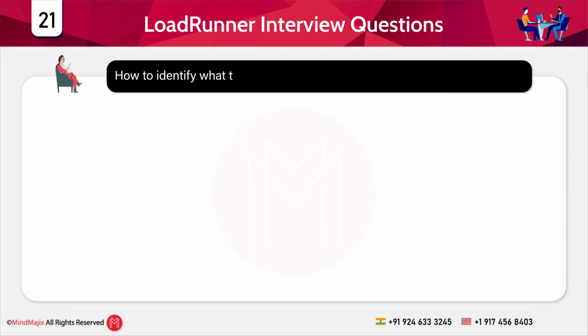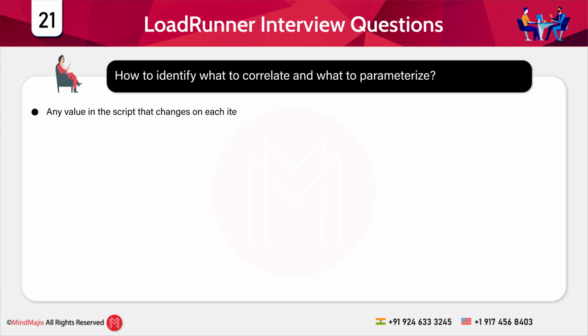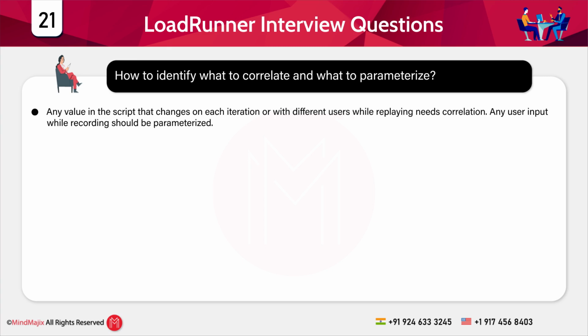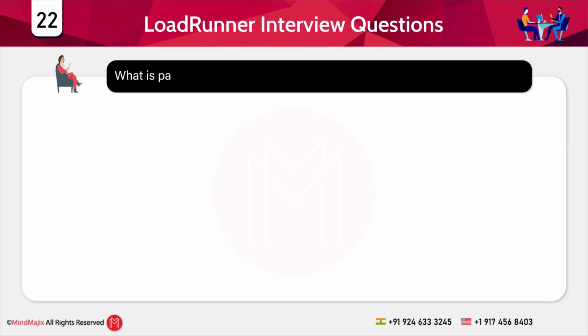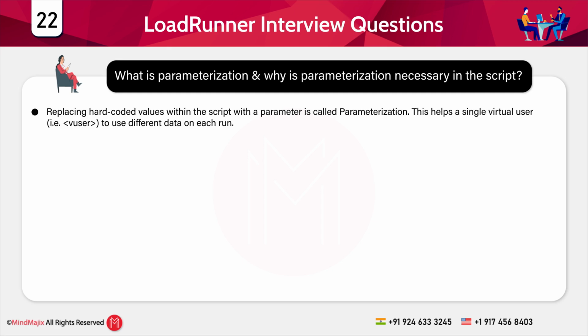How to identify what to correlate and what to parameterize. This is the most important thing. In a simple way to understand, parameterization is any data you are passing as an input, you can blindly parameterize. No problem with that. Any data which is provided by the server in the response cannot be parameterized. They should be correlated. What is parameterization and why is it necessary?